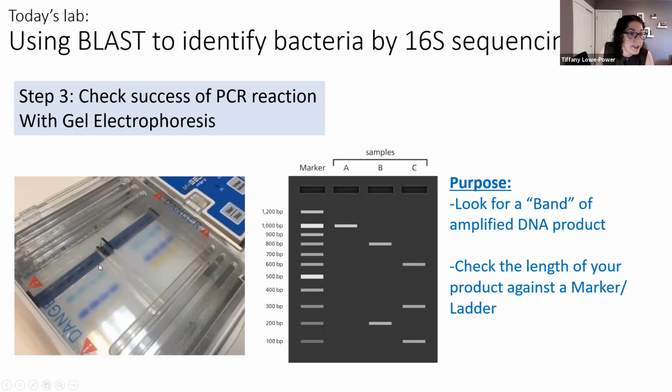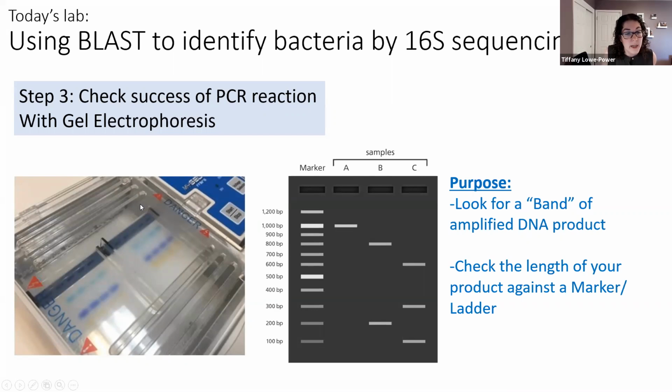Now that you've loaded your gel, you'd put the lid on it. You'd read the danger warnings because we're about to run a lot of electricity through our gel. They're designed to usually not allow you to stick your hand in the buffer. You would never want to do that. You'd probably get a good shock. We'd close it up, and then this gel system would run an electrical current through this running buffer.